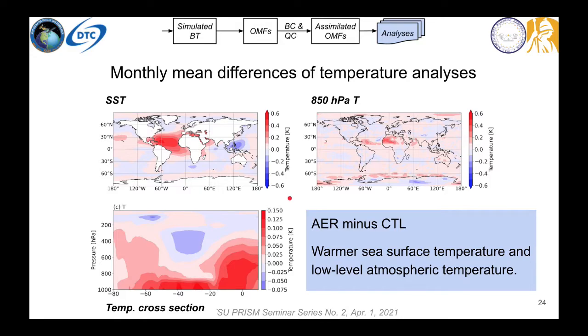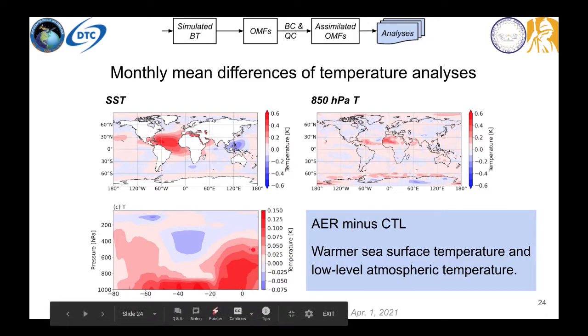This column means there are around 40% of observations originally assimilated in the control experiment that are rejected in the aerosol experiment. And in total, there are around 20% of observations that have a different quality control result compared to the control run.